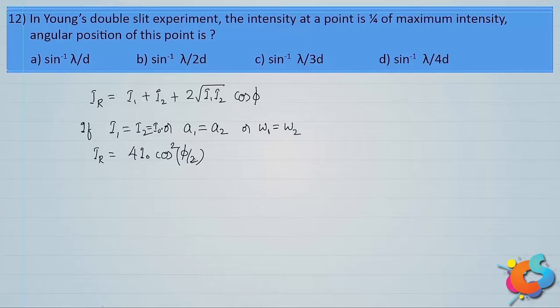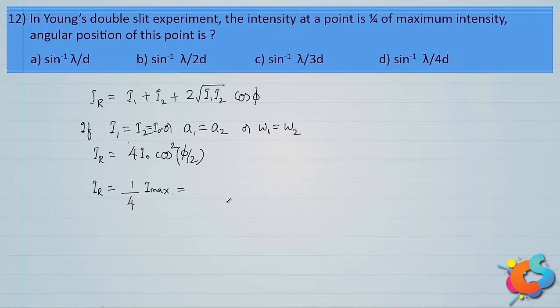Okay, here you have to consider a particular point on the screen where the resultant intensity IR is 1/4 the maximum intensity, and you should be aware of the fact that at any point on the screen the maximum intensity should be 4 I naught. This particular term 4 I naught refers to the maximum intensity.